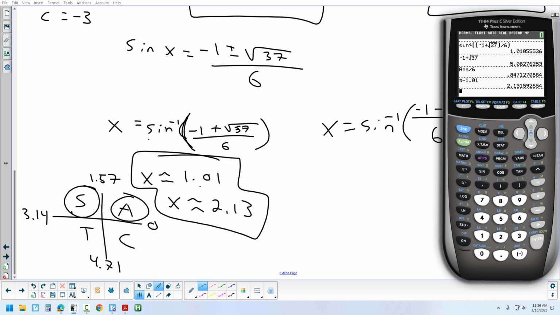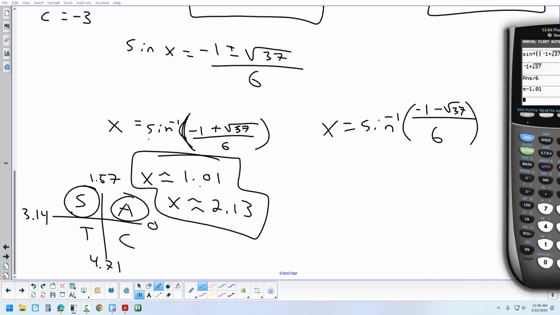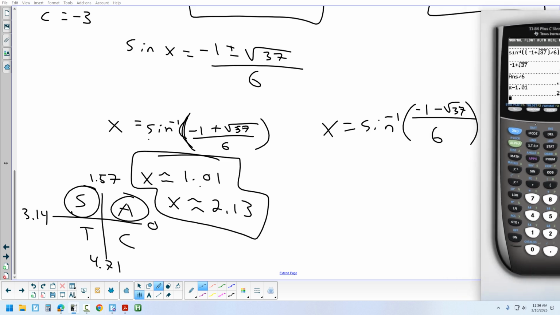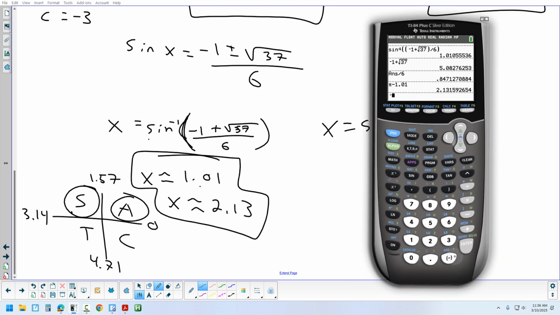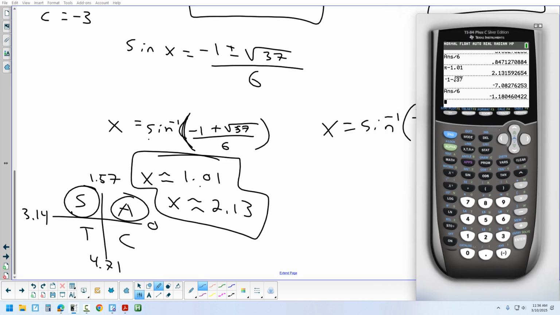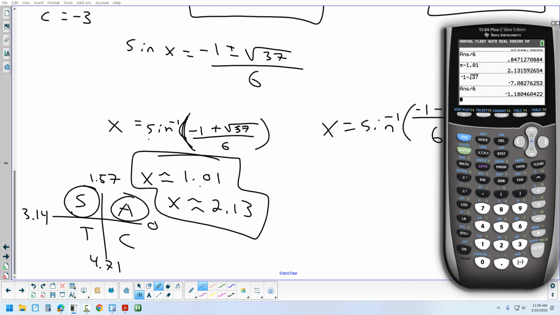Now, we still have to look at the one on the right. We didn't type that in. Let's type in just the argument first. Negative 1 minus root 37 divided by 6. That's negative 1.18.